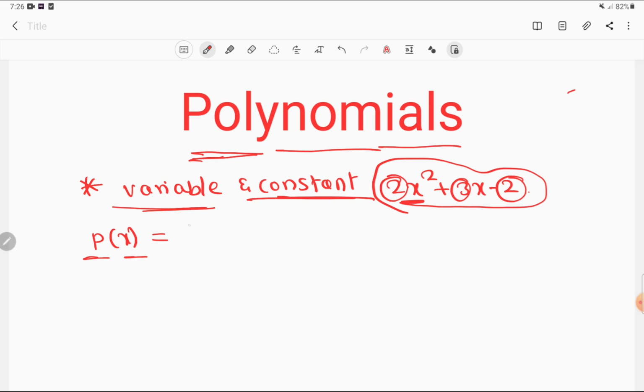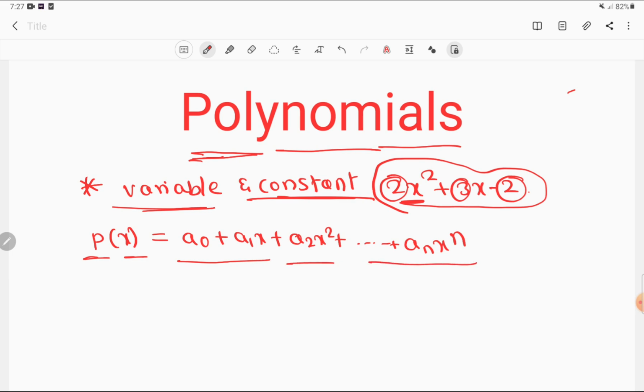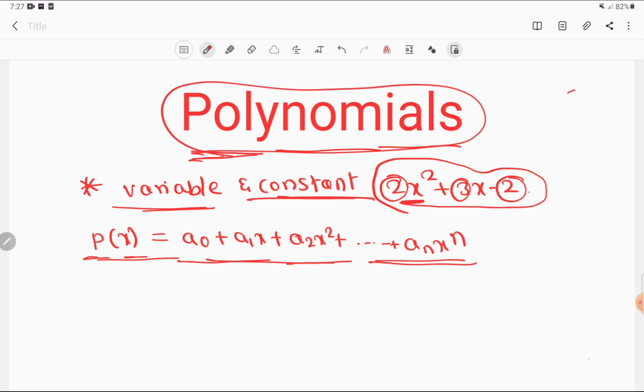So p of x equals a naught, a1x, a2x square, and so on up to an x raised to n. Any polynomial can be written in this form. So I hope you understand the meaning of polynomials.